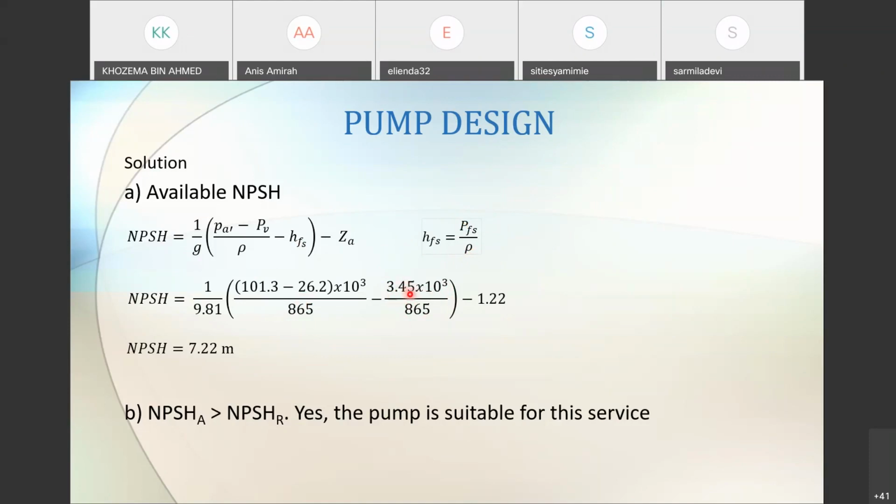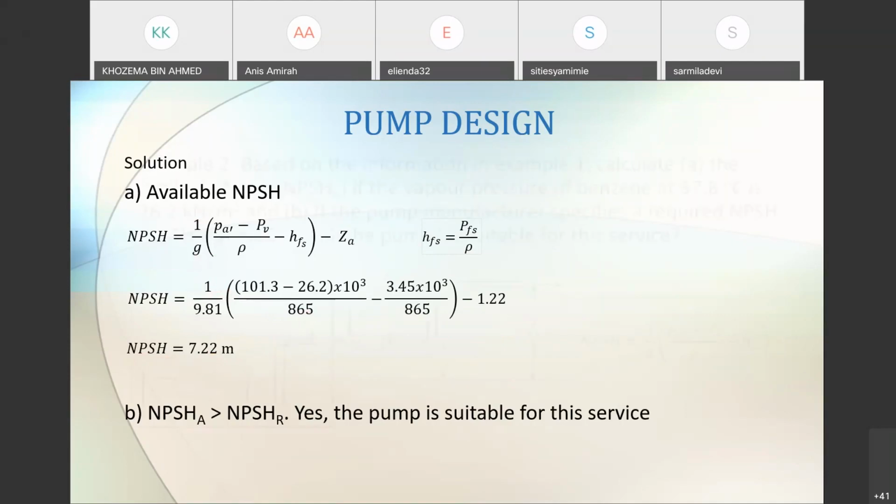So 3.45 divided by 865, and then we minus 1.22, which is the height from the highest level of the reservoir to the center line of the pipe, which was given in example 1. If you substitute all the values in this equation, you get the value of 7.22 meters. This value is our NPSH-A.